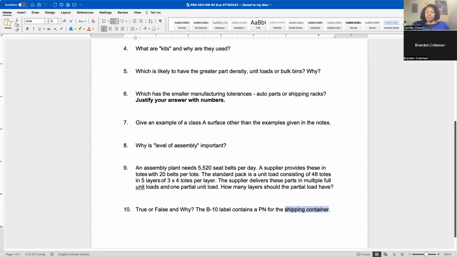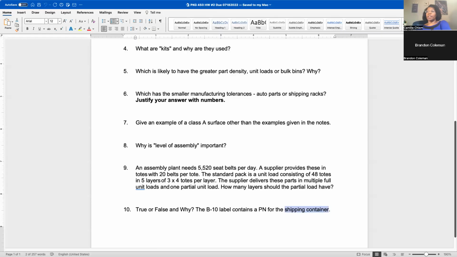Let's see if I can find it. I'll just go back to number 9. I think that there's a typo on that, to be honest with you. I'm going to look at that again, because I think that should say 4 layers, because if you have 3 times 4 totes per layer, that's 12 totes.